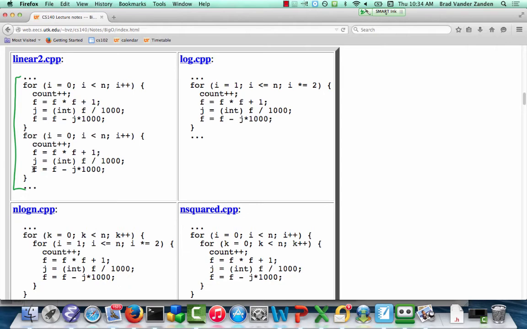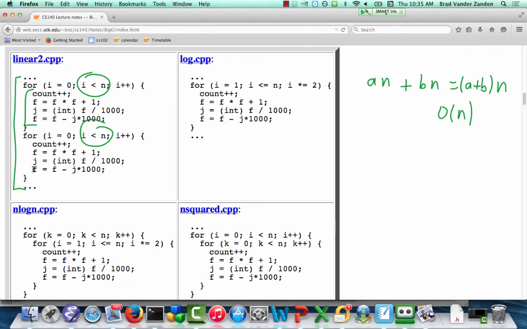Each loop you can see takes n iterations. So this one is some constant a times n plus some constant b times n, which is equal to a plus b times n, which gives us order n.